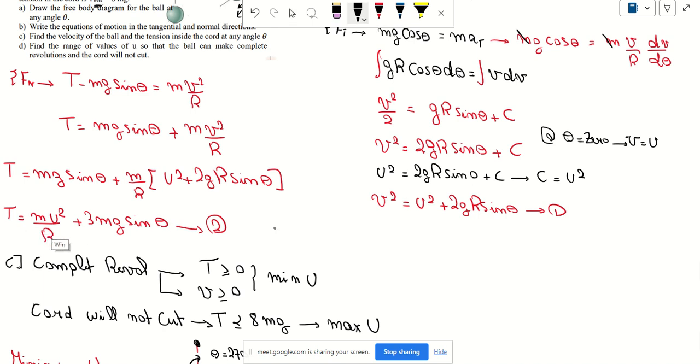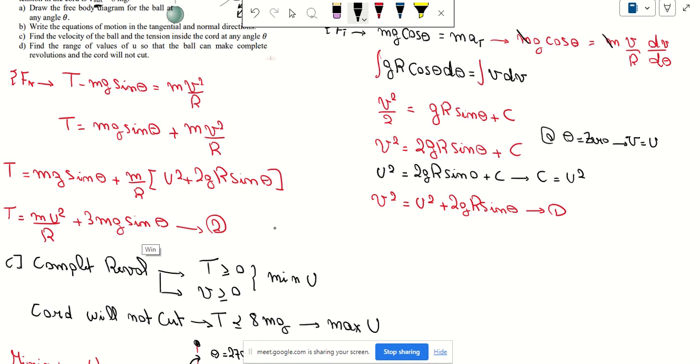T is a function of v and a function of theta. Sorry, a function of u and a function of theta. I'm looking for u, so it's only a function of theta. The minimum term will be for sine theta, which is the critical one, because if we have the minimum coefficient for the sine theta, I must have a greater u.